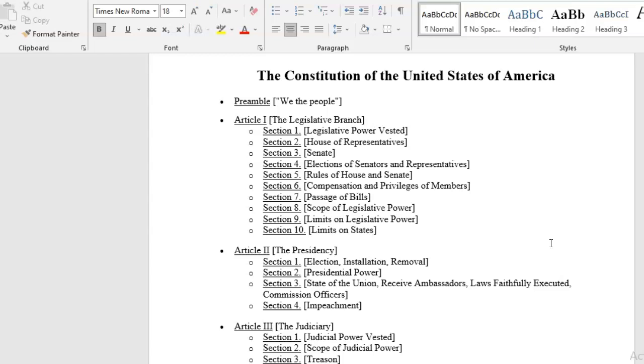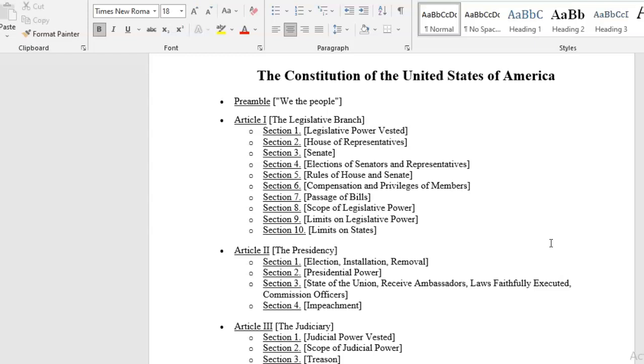And I want to give everybody a basic understanding of the format of the Constitution and what that is. One of the things that some of the students didn't realize in our last class is that your Bill of Rights is actually part of your Constitution.